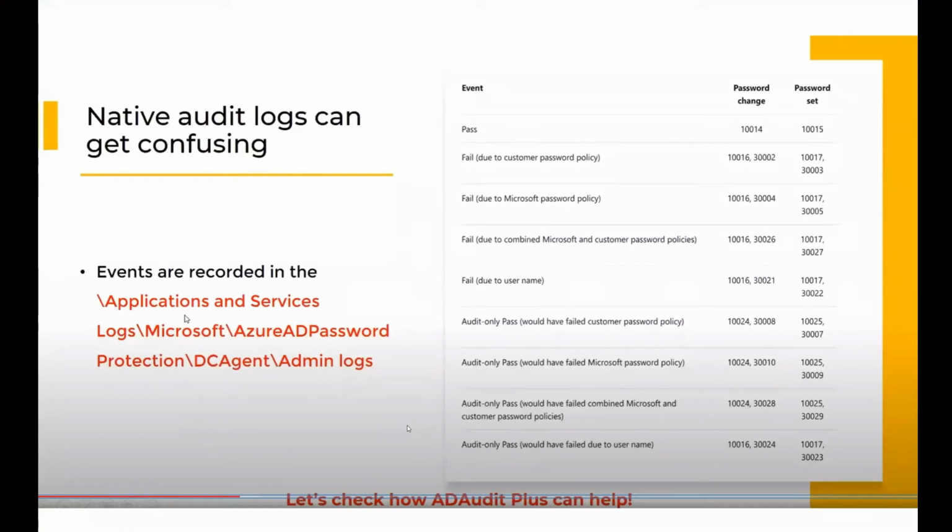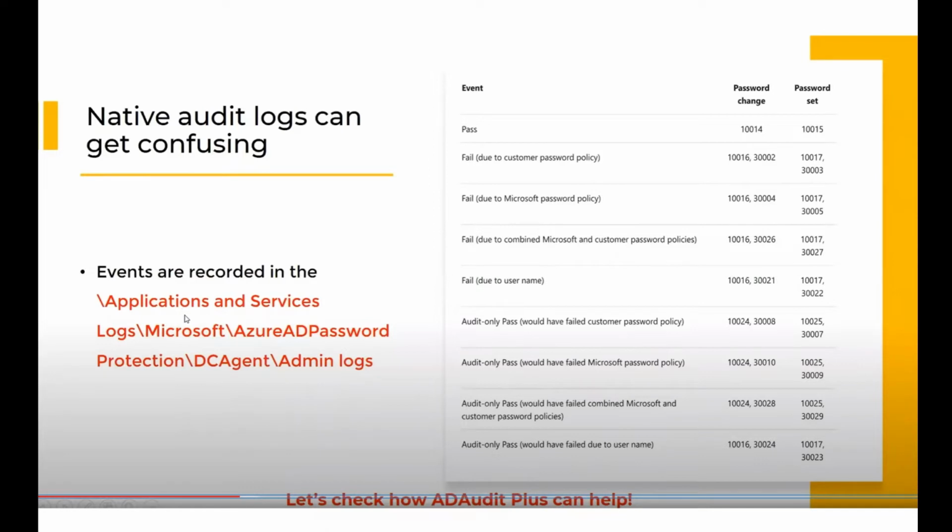Basically, if we have Azure AD password protection, I've given the location right here for the native logs. Yes, we can still find them in the event viewer. If we have Azure AD password protection enabled and enforced on our on-premises Active Directory, we're going to find the native log, and I've illustrated the event numbers as well.